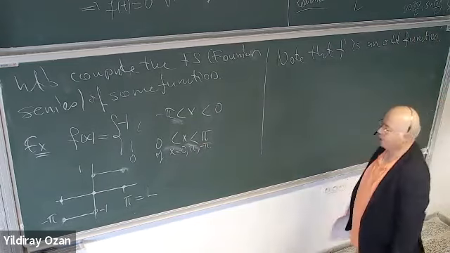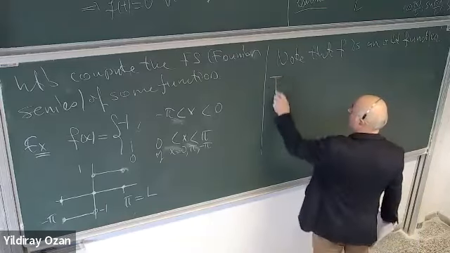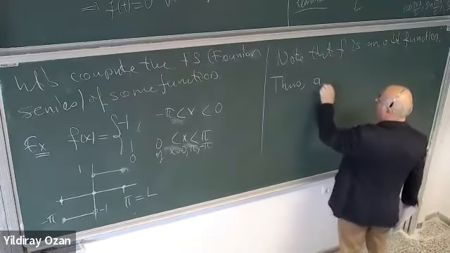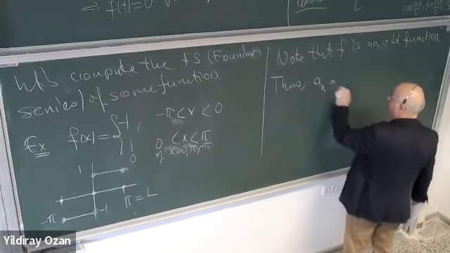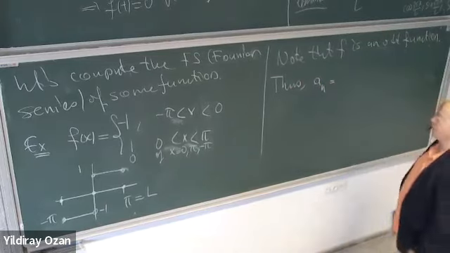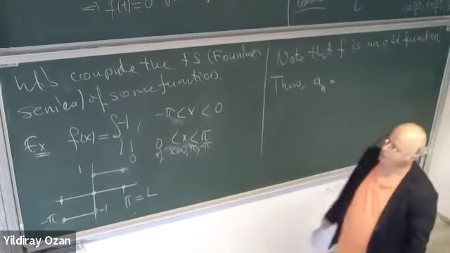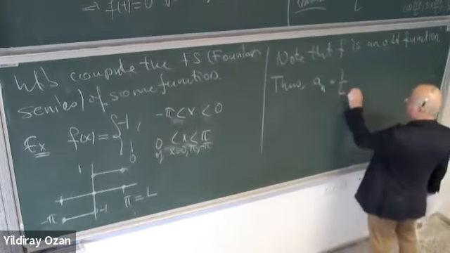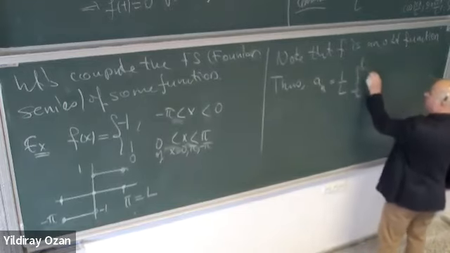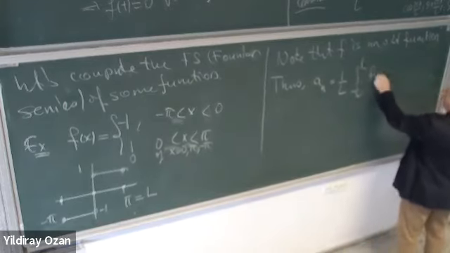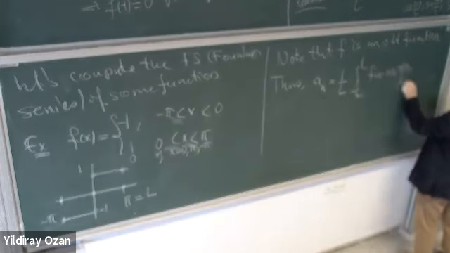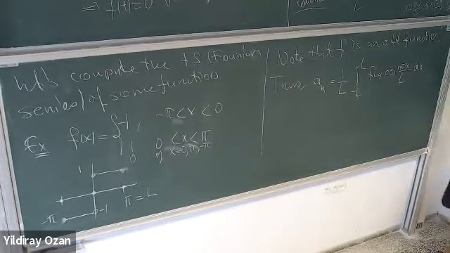Thus, an, let's say, what is this? Inner product. So an neydi? 1 over L times the integral from minus L to L of f of x cosine n pi x over L dx.